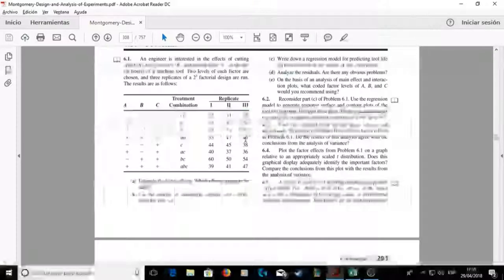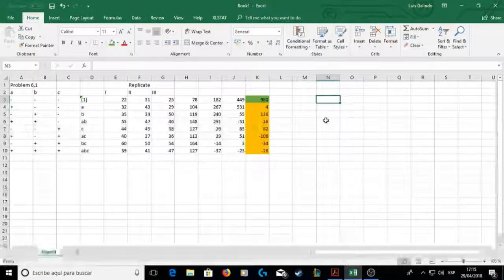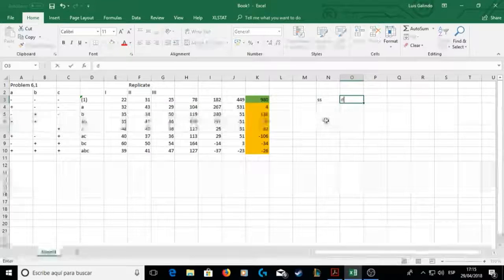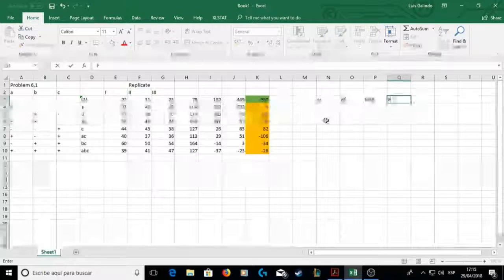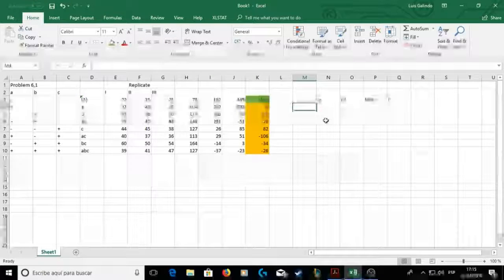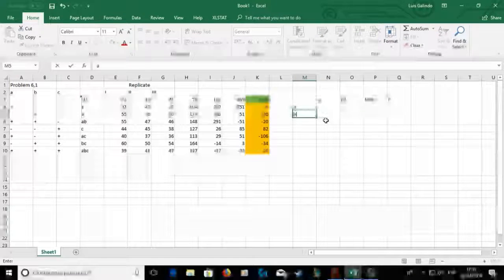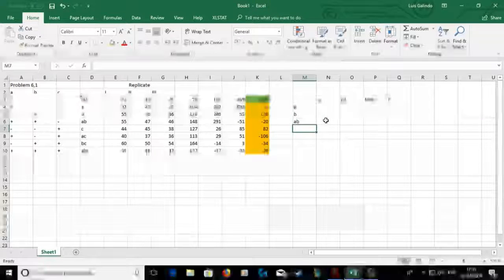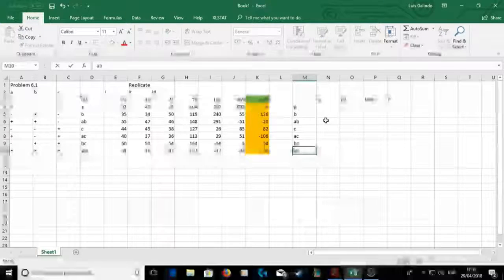Now, the next step is to do an ANOVA: sum of squares, degrees of freedom, MSE, and Fisher. So we have A, B, AB, C, AC, BC, ABC.